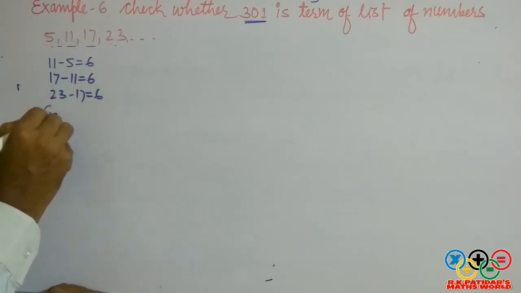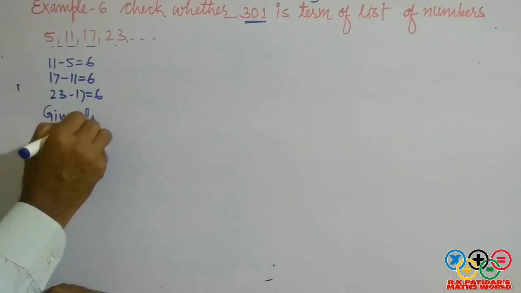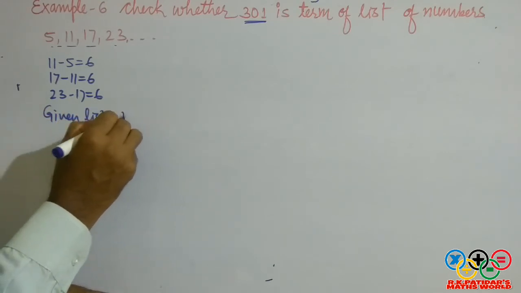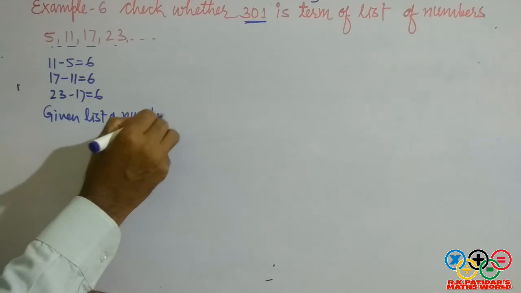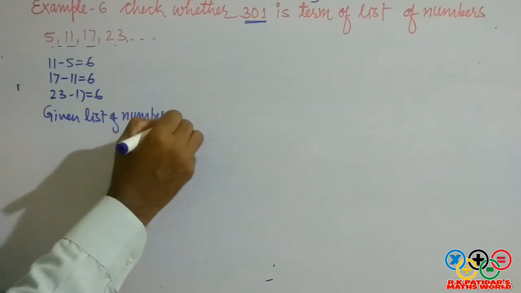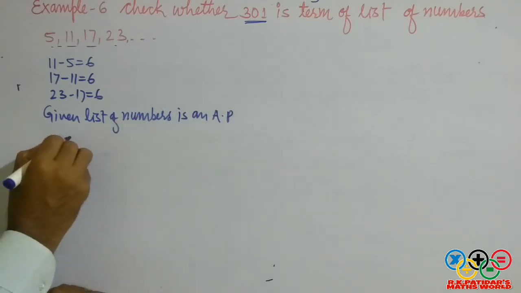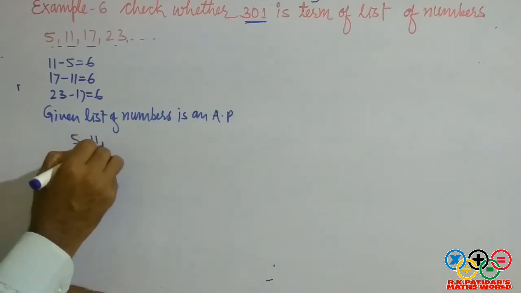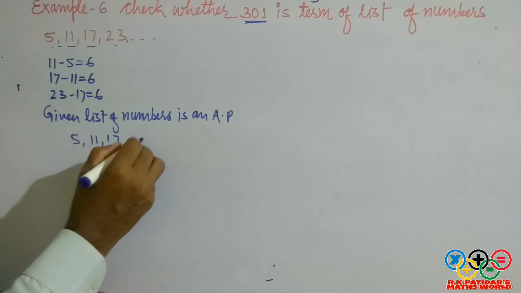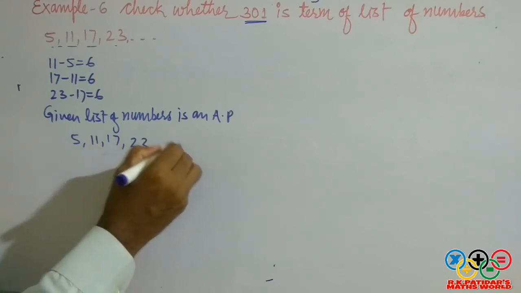So the given list of numbers is an AP. Means the given AP is what? 5, 11, 17 and 23.